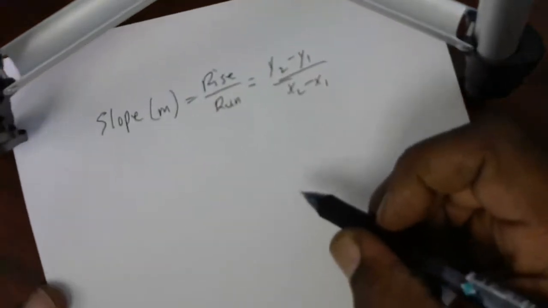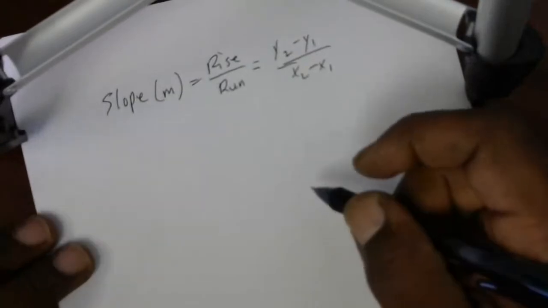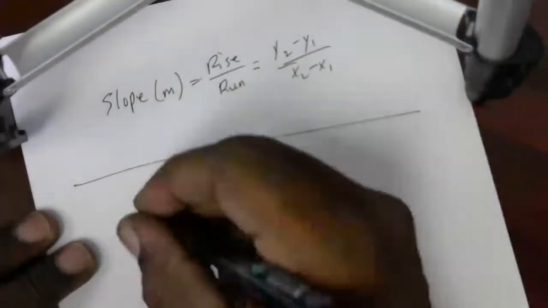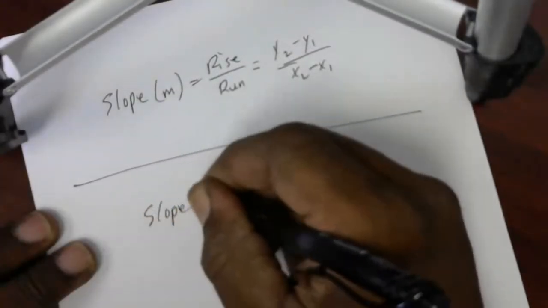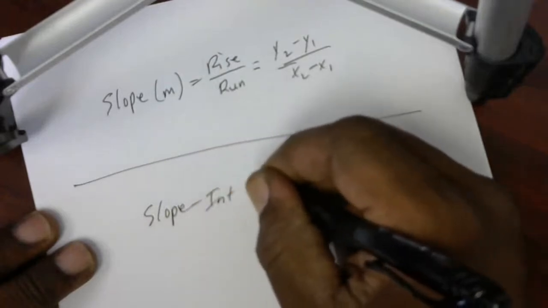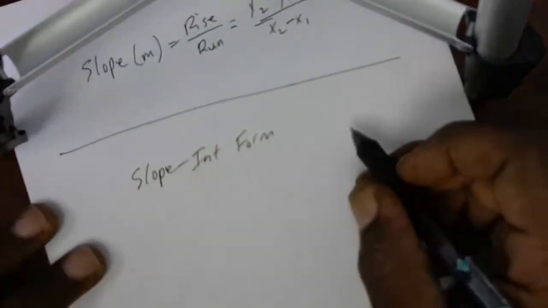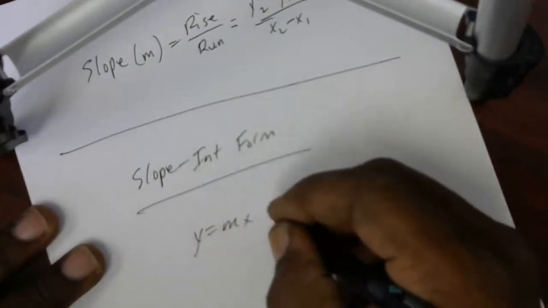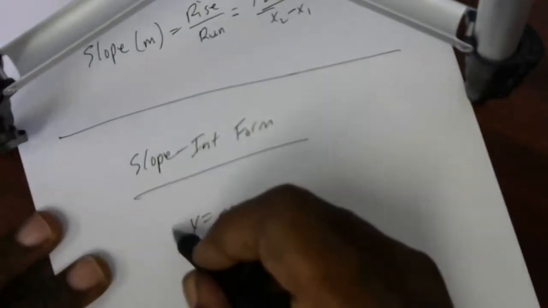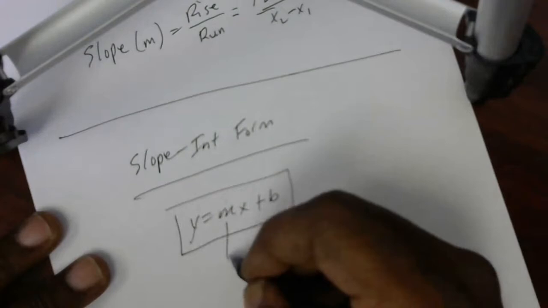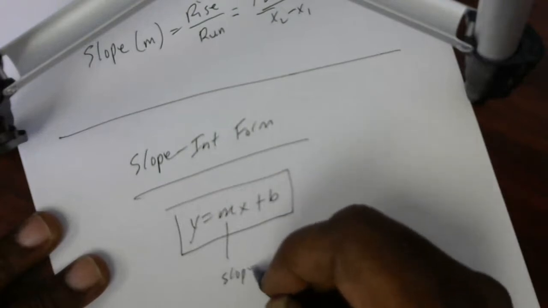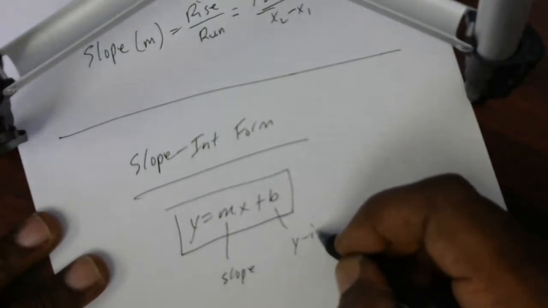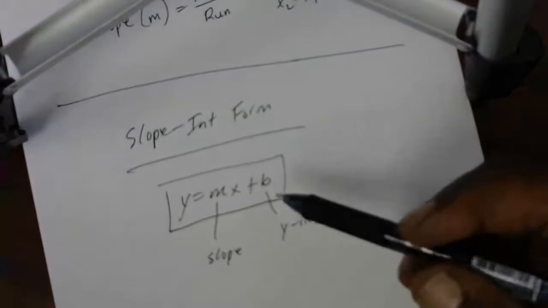We also had taken a look at slope-intercept form. In slope-intercept form, y is equal to mx plus b, where m is your slope, b is your y-intercept.